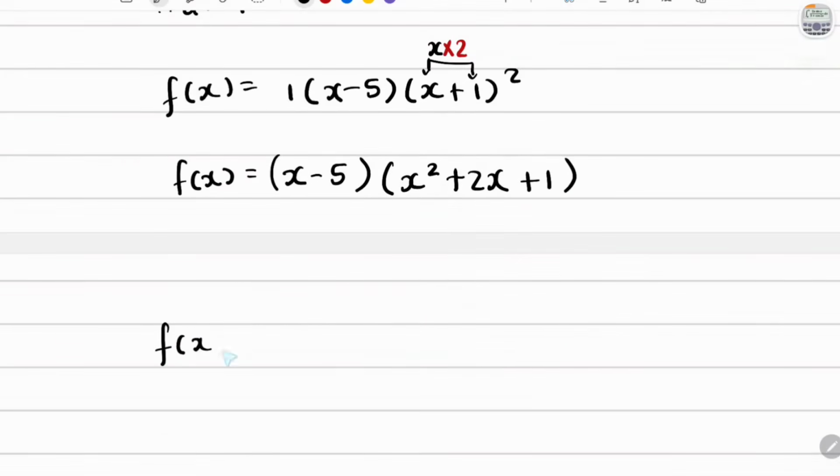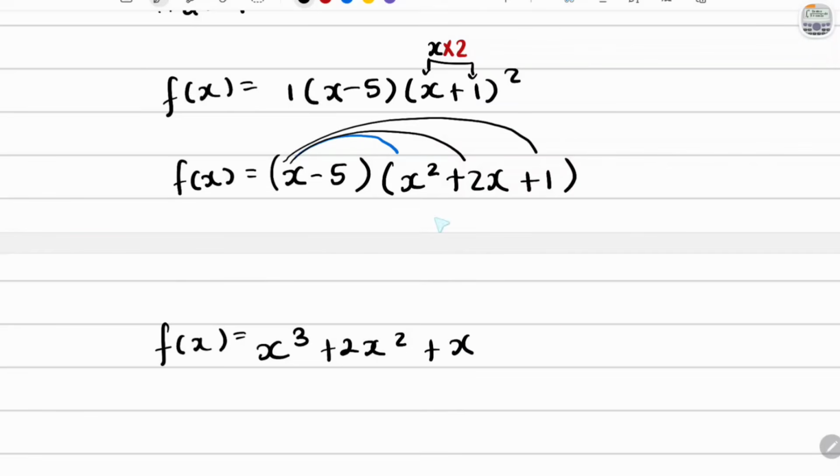So f of x is equal to, you say x times x squared, which gives you x cubed, x multiplied by 2x, which gives you positive 2x squared, x multiplied by positive 1 gives you positive x. Negative 5 times x squared is negative 5x squared. Negative 5 times positive 2x is negative 10x.